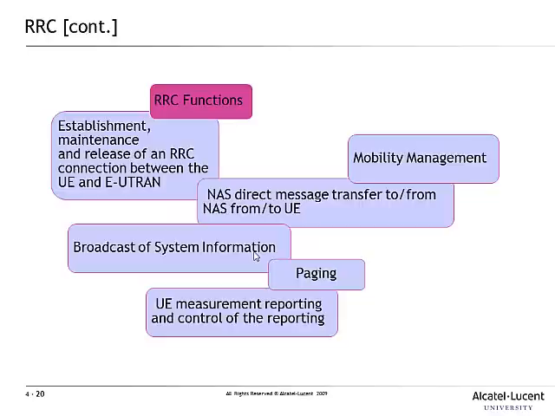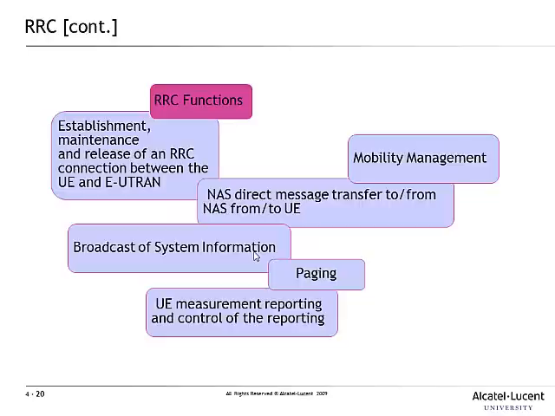So as a UE moves around, you want to be able to track where it's located, sometimes at cell level, sometimes at a high level. And we've already discussed that it directs messages, the NAS messages, to and from the UE.